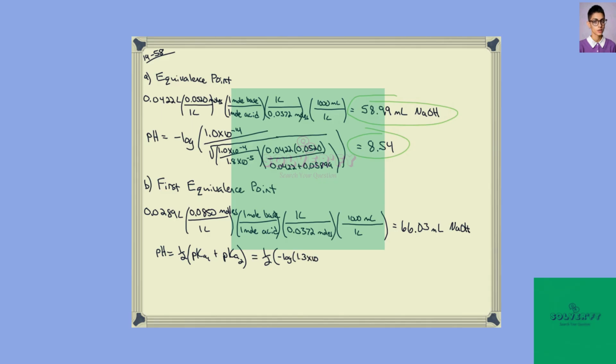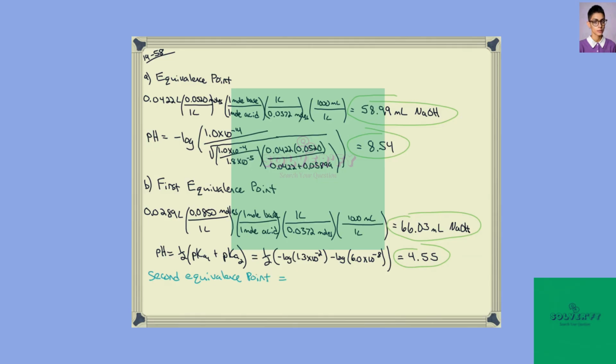Ka1 for sulfurous acid is, your values might differ, I'm using the values that I found, 1.3 times 10 to the negative 2, and then the Ka of the second hydrogen coming off of sulfurous acid, 6.0 times 10 to the negative 8, and we get a pH of 4.55 at the first equivalence point. This technique only works when we have an amphoteric species, such as what is created when one hydrogen comes off of a diprotic acid. Next, we're going to calculate the second equivalence point.